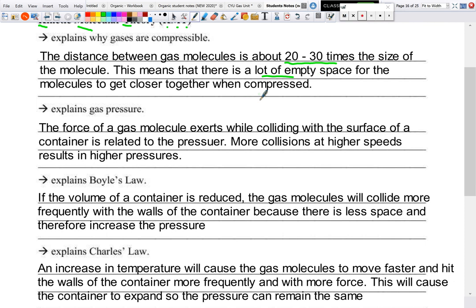As they're moving around, there's so much space in between them, you can actually force them closer together. Now, as for why gases exert pressure. The force a gas molecule exerts when colliding with the surface of a container is related to the pressure. Sorry for the typo, it should be RE and not ER.